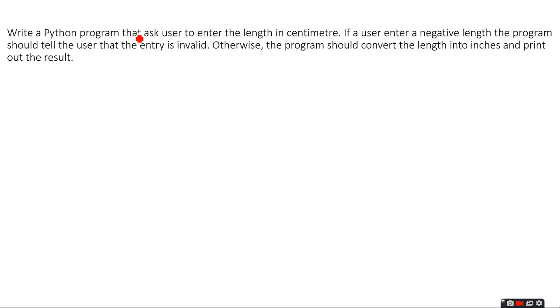Next question. Write a program that asks the user to enter the length in centimeter. If a user enters a negative length like -11, the program should tell the user that the entry is invalid. So we have to print the length is invalid.